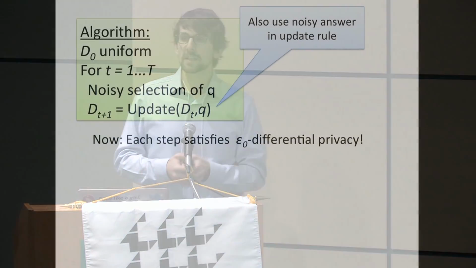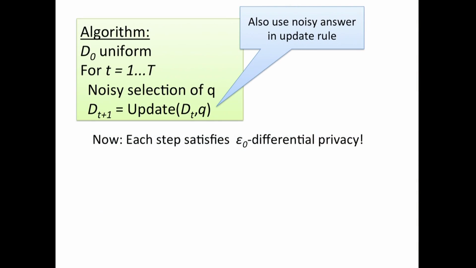What we get essentially from the previous lemma is that each step of this algorithm satisfies epsilon 0 differential privacy. Not the whole algorithm, but each step, so these two steps together, satisfy epsilon 0 differential privacy.